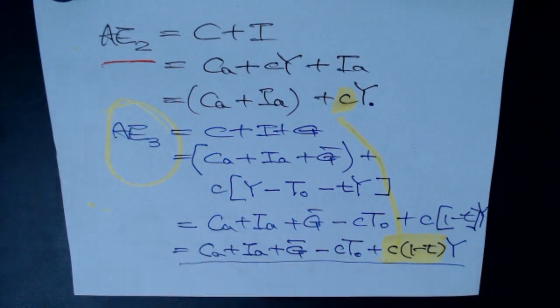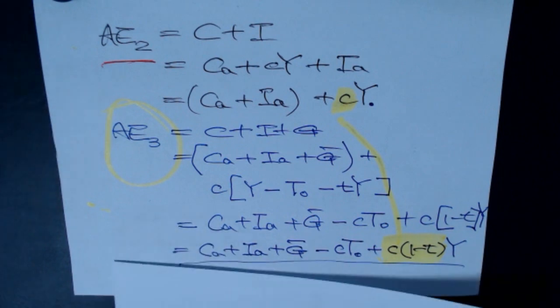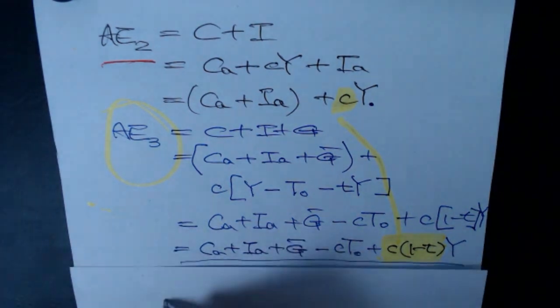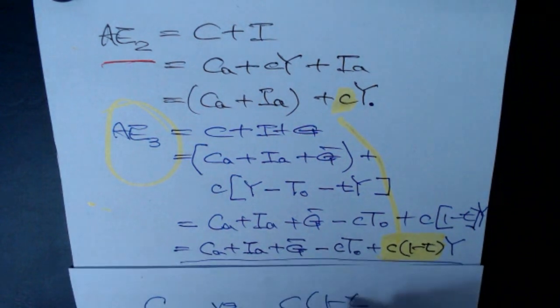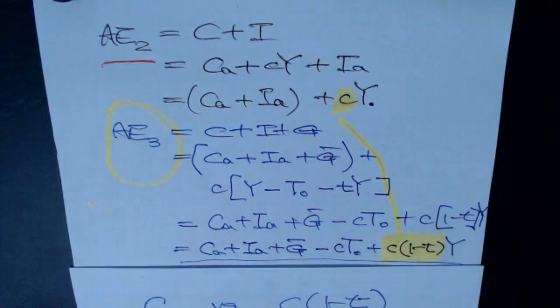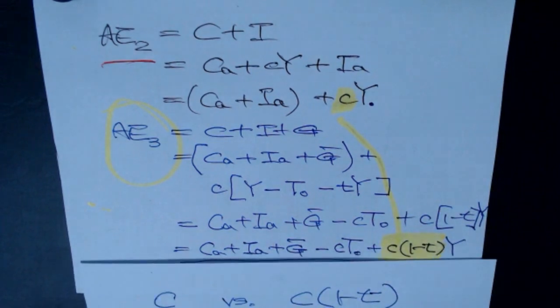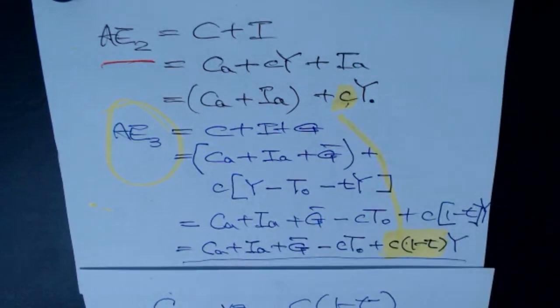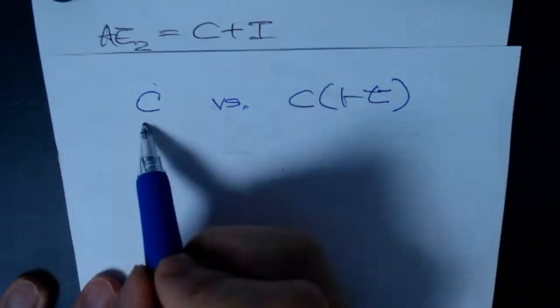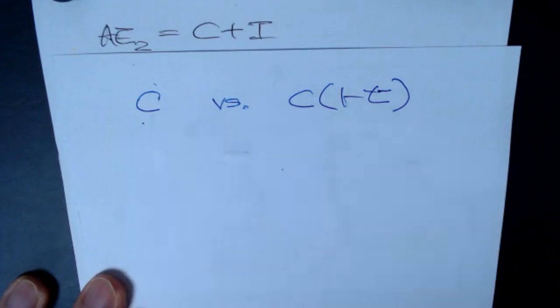So now you can consider why it should be. So we compare these two. Okay, I just follow from here. The slope in the two-sector model, the slope in the three-sector model. Which one is bigger? That's the question. It's very straightforward, right?